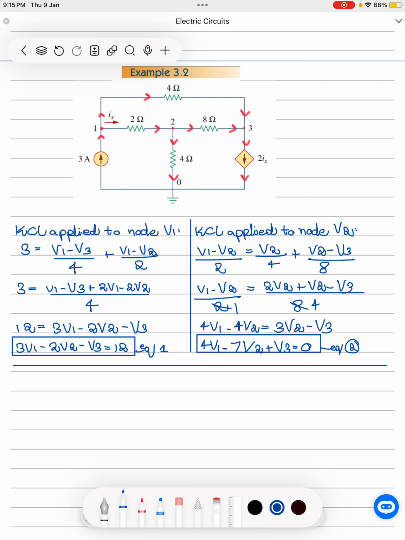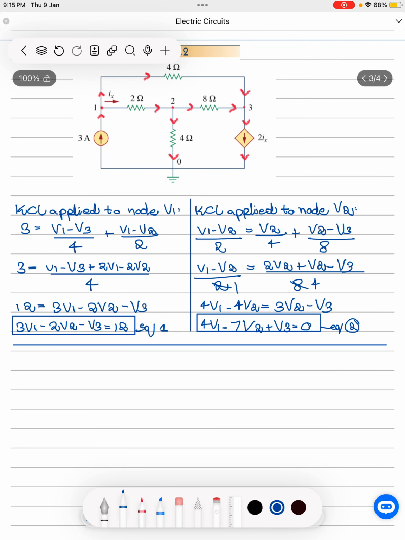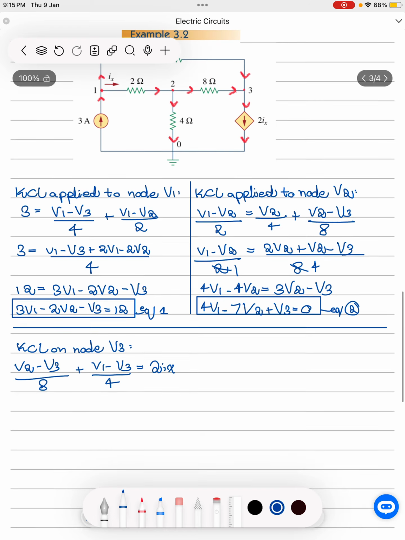So (V2 minus V3)/8 is entering, plus (V1 minus V3)/4 is also entering, and the current which is leaving is 2Ix.